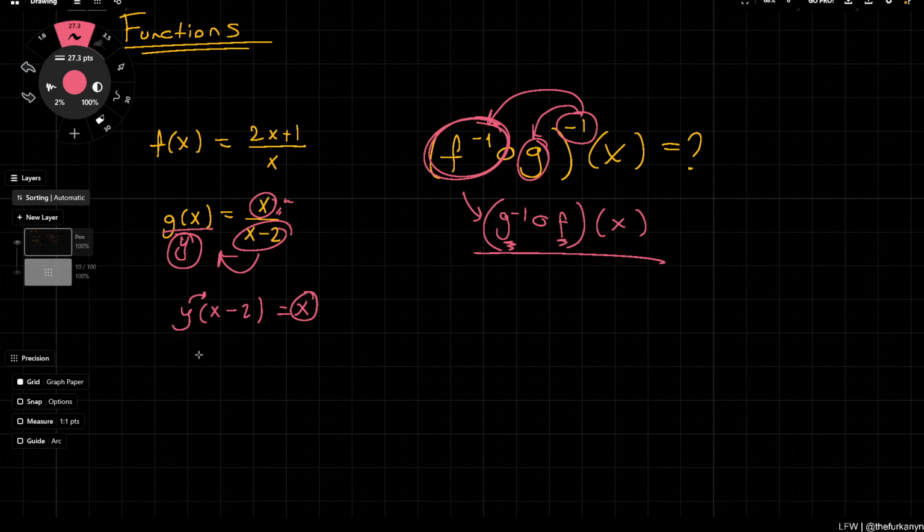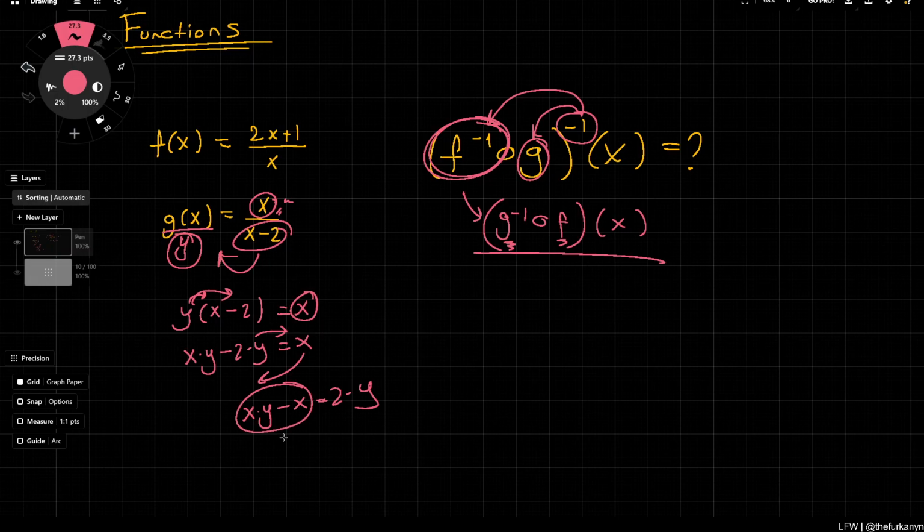Open this up: x times y minus 2 times y equals x. We want to get x alone, and we're going to send this element to the opposite side. Actually, we wouldn't do it like that. We send this element over here and turn this back to here. So x times y minus x equals 2 times y.